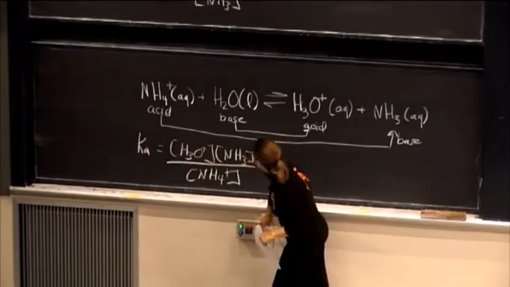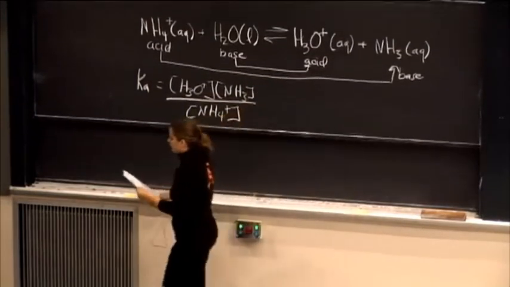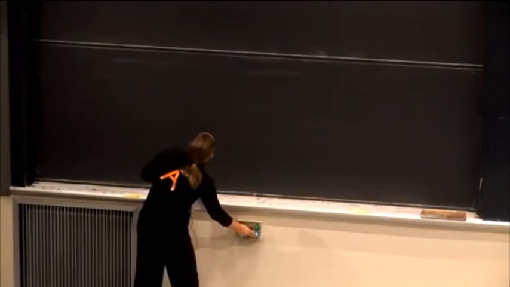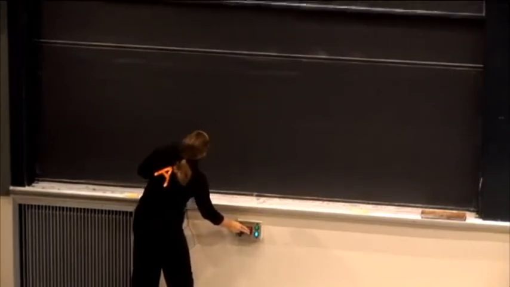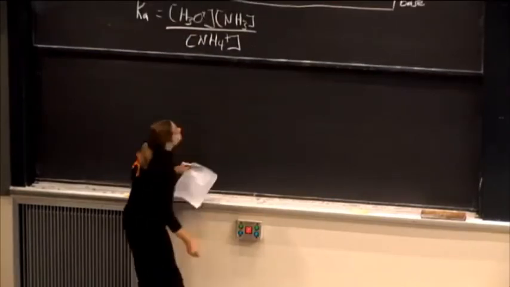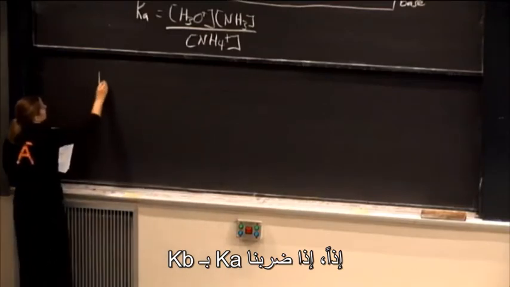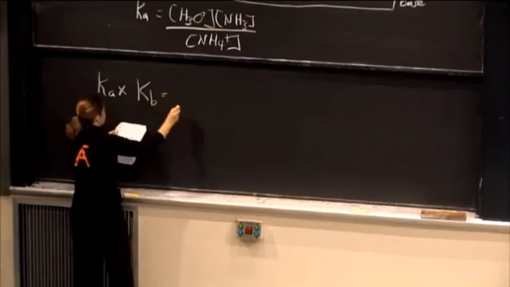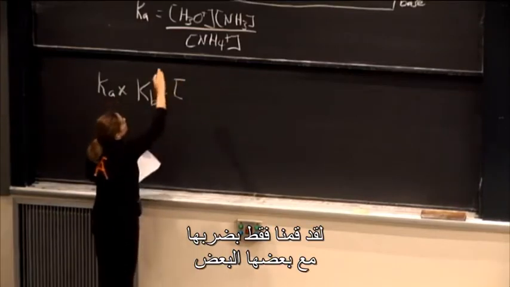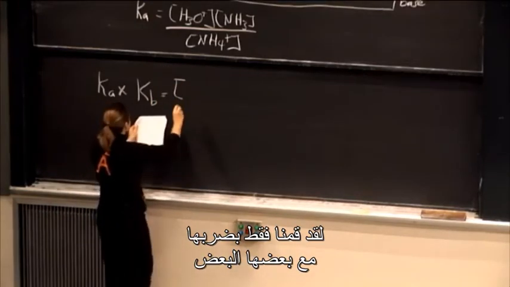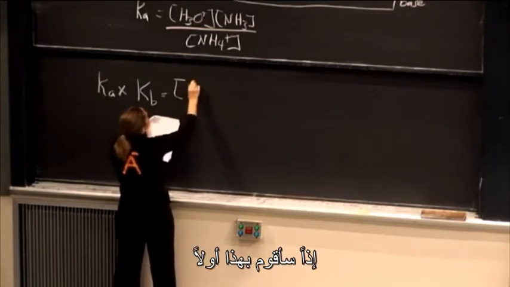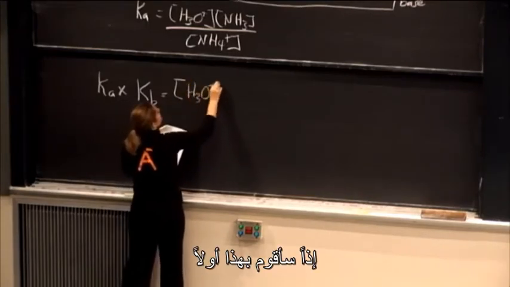So now we can think about what happens if we take these Ks and we multiply them out together. So let's have that go up, that go up. All right, so we have a Ka and a Kb. So if we take our Ka times our Kb, we're going to just multiply these out together. So I'll do this one first.